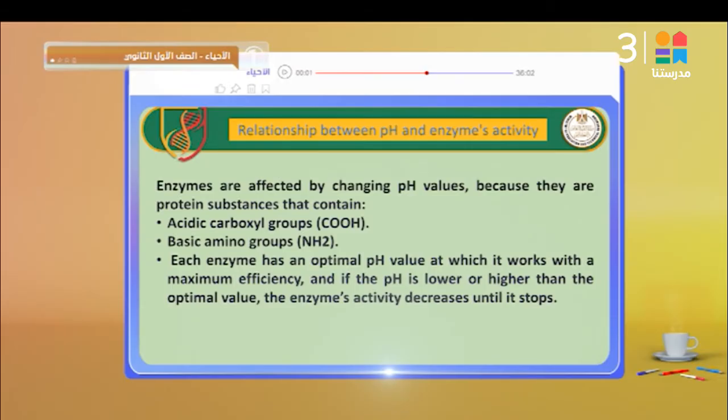Enzymes are affected by the change in pH value because they are protein substances that contain acidic carboxyl groups. We studied previously the structure of the enzymes. The structure of an amino acid has a carboxyl group, COOH, which is acidic, an amine group, H2N, which is basic or alkaline, and an alkyl group that determines the type of the amino acid and differentiates it from another amino acid.